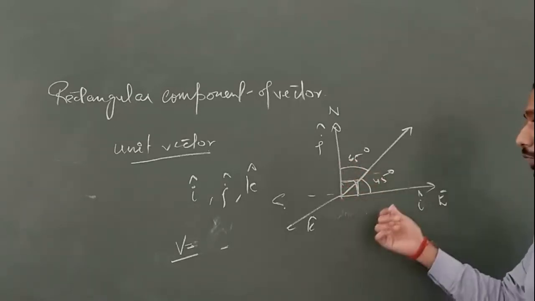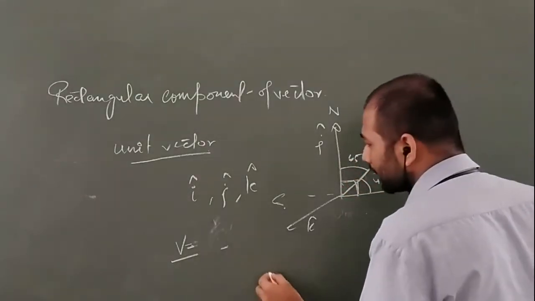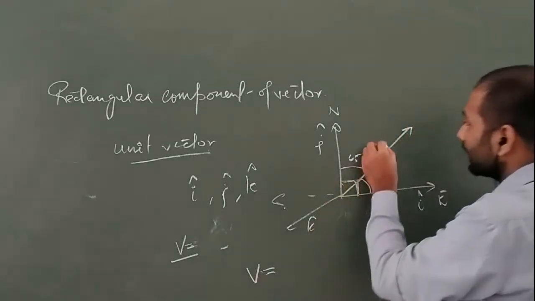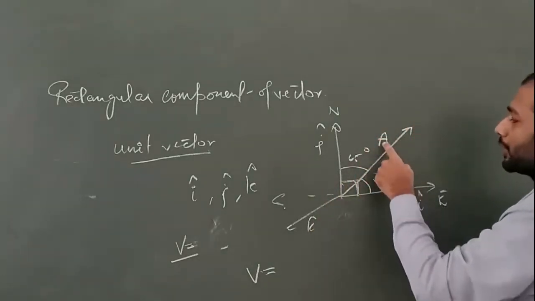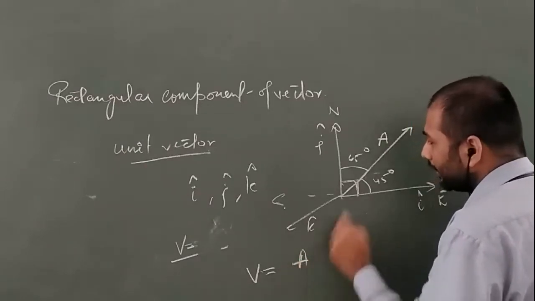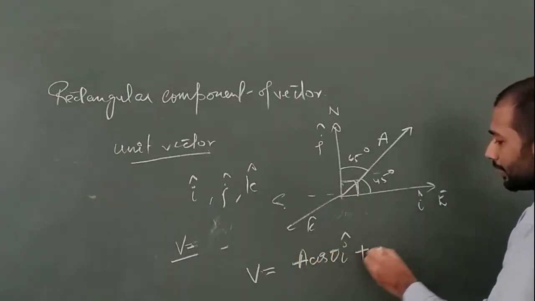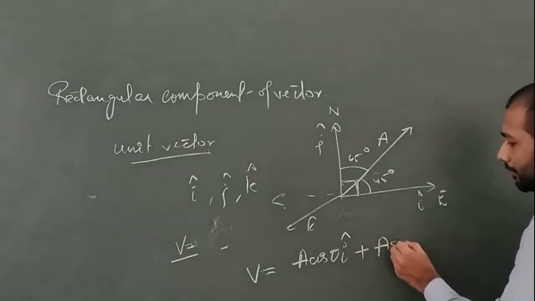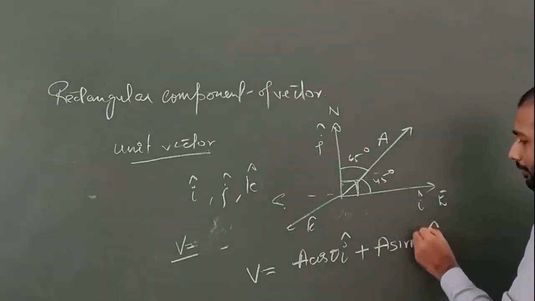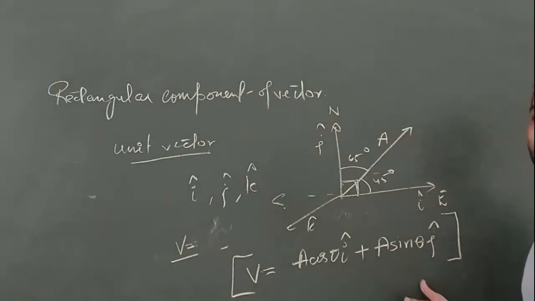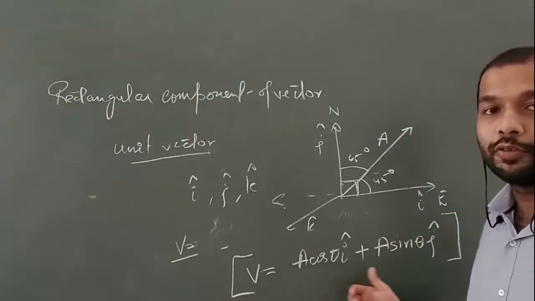In that way, how can we write our components? V is equal to A cos theta i cap plus A sin theta j cap. This is how we write the rectangular component of it.